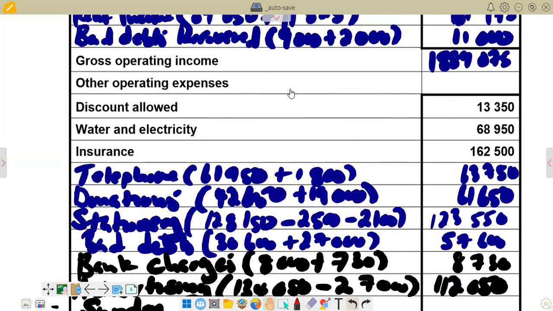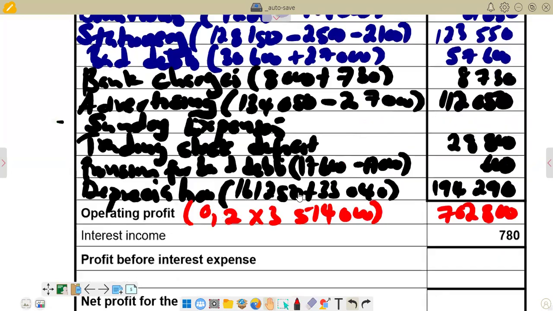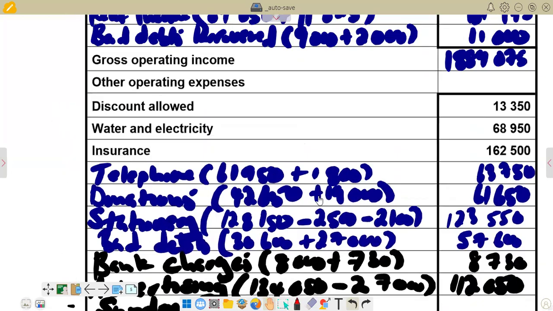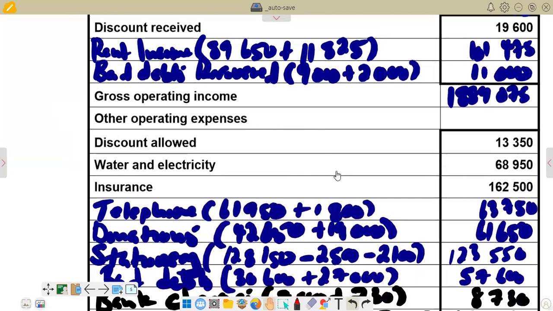So remember, when we say gross operating income minus other operating expense, you get your operating profit. So let's get this figure for operating expenses.